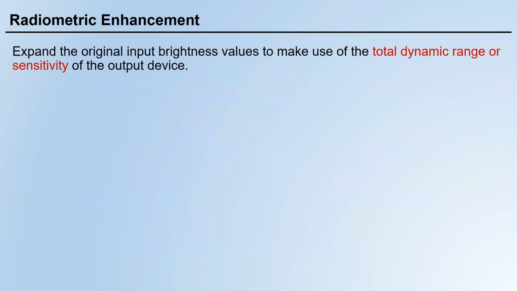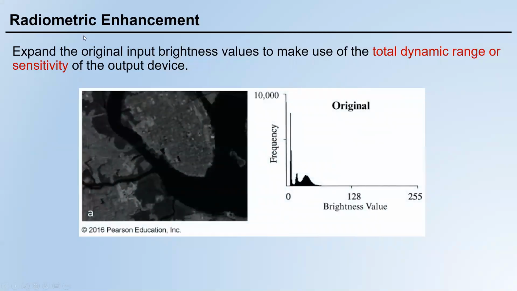Okay, so expand the original input brightness values to make use of the total dynamic range or sensitivity of the output device. What does it mean? Let me show you an example here. So on the left side, we have a remote sensing image. In this image, we have an island here, right?